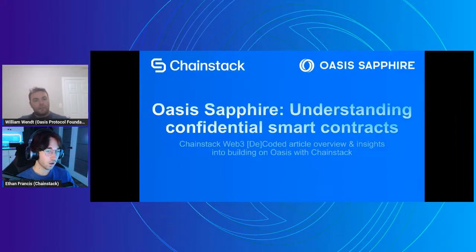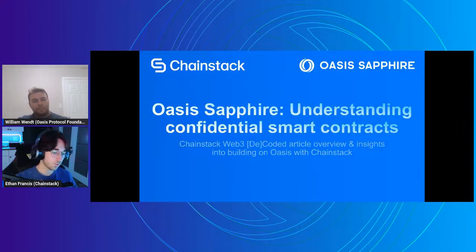So on that same note, I also want to quickly highlight, and I'll start sharing my screen about this, an article that we released during our announcement of our Oasis Sapphire integration. This article is part of our developer portal, which is an entire website dedicated to supporting developers and leveraging things like Oasis Sapphire.